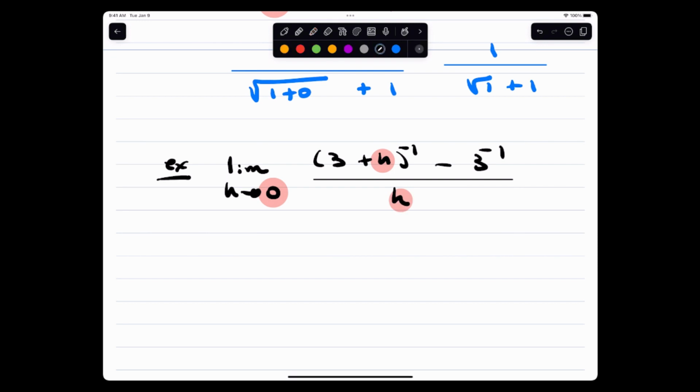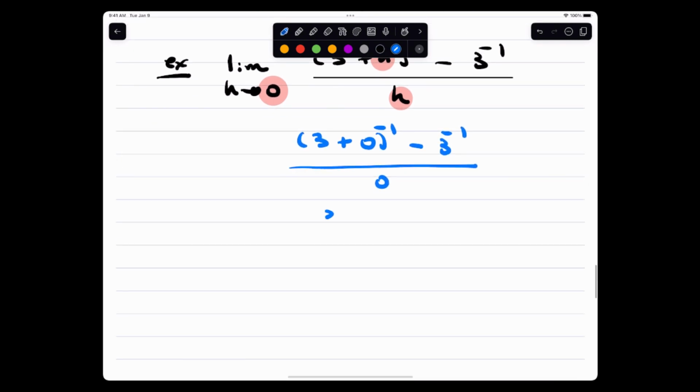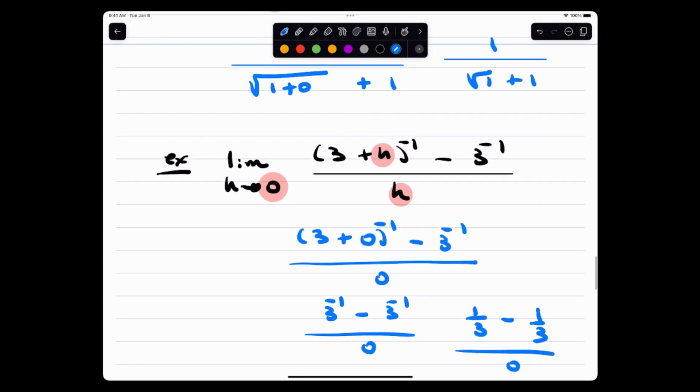So I'll get now 3 plus 0 to the minus 1, minus 3 to the minus 1, over my nice 0. So what do you guys get? You get 3 to the minus 1 minus what? Does anybody happen to know what 3 to the minus 1 actually is? This is 1/3. Okay, so they really give me fractions. So you might even say, could they have given it to me this way, 1 over 3 plus h only?